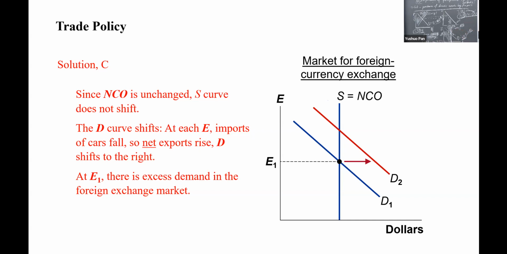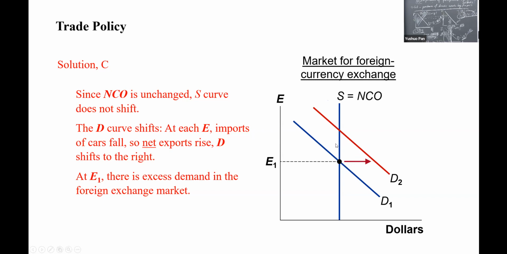Because in the foreign currency exchange market, the supply of dollars doesn't change, but demand for dollars increases. The exchange rate increases here. The equilibrium point will move from this point to that point. So again, this is a new equilibrium, which again is NCO equals NX.